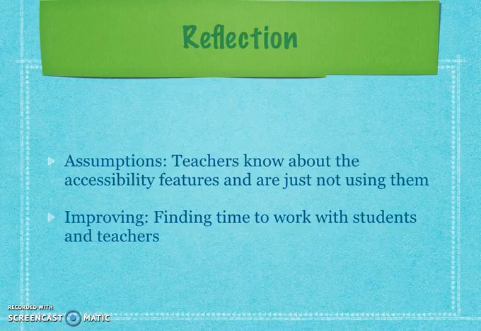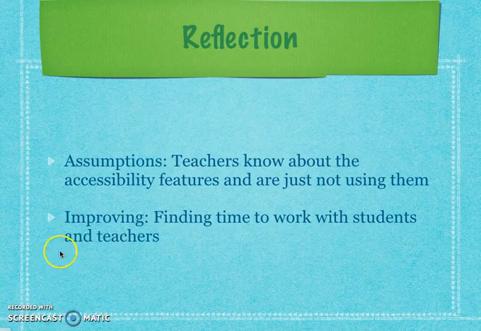When the teachers were given the survey prior to the beginning of the project, the results revealed that many assumptions about accessibility were correct and there was one that was incorrect. I assumed that teachers knew about the accessibility features and were just not using them. I found out that it's not the case, that many of the teachers just did not know about them. And then I found ways to improve for the next time.